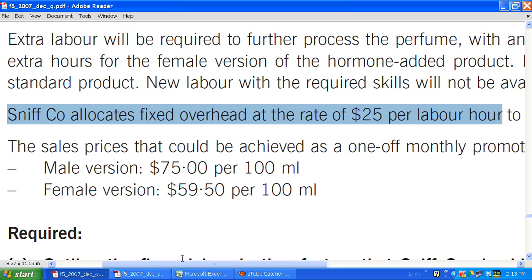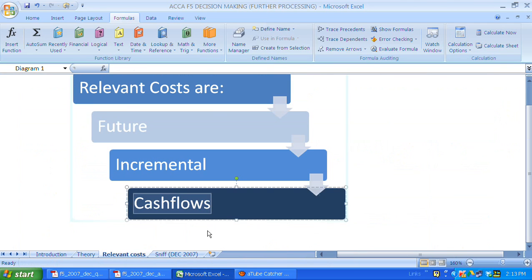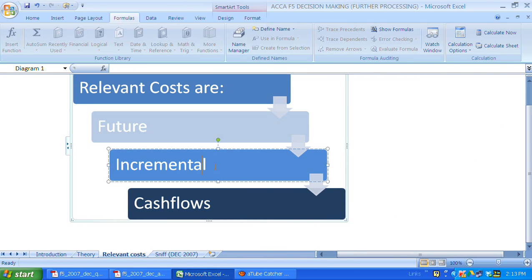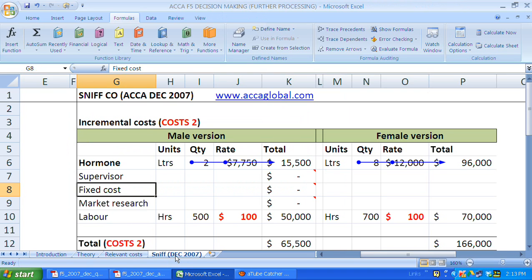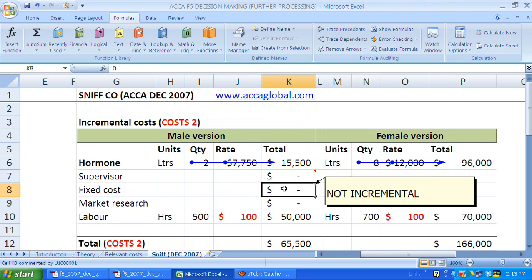Now remember, fixed costs do not pass our criteria of relevant costs because they are not incremental. They do not change as a result of the decision. So that means they're not incremental, they're fixed. So fixed costs are 0 because they're not incremental.